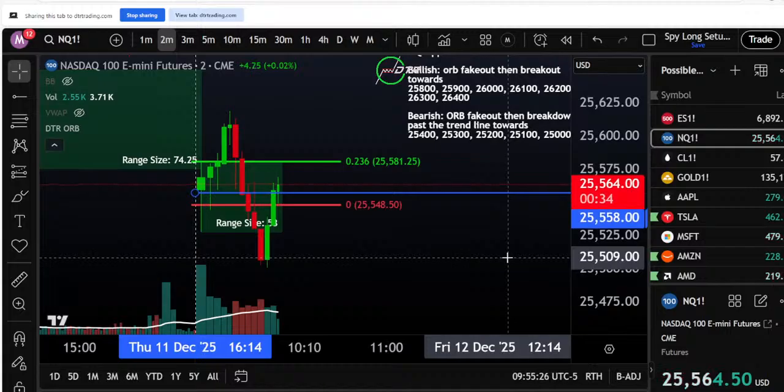We want to see a nice controlled pullback here. Haven't quite gotten that into my zone yet. Oh, come on. Don't get that. 9:55, no 10 a.m. data here of note.